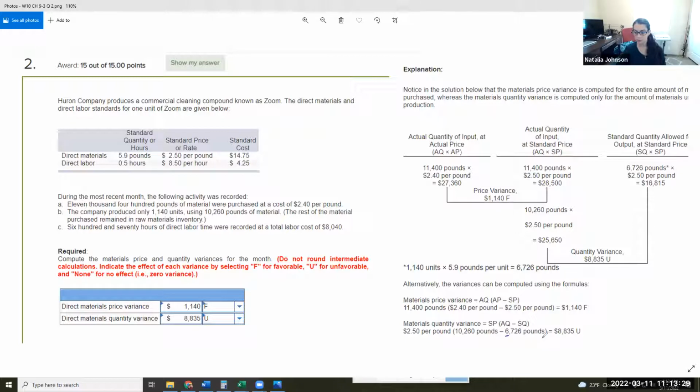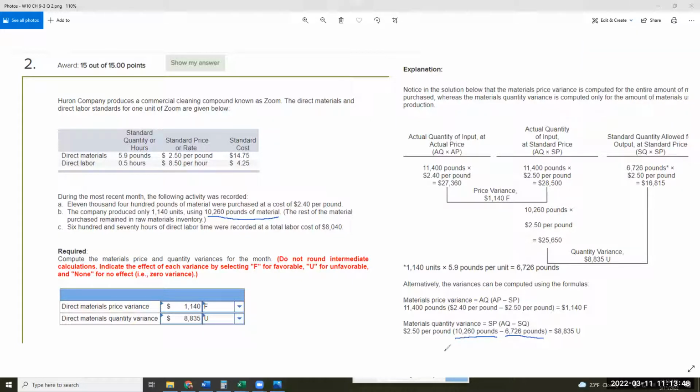Yes, that's what it says, using the 1,140, and then this 10,260 pounds is this one right here, just the units used.